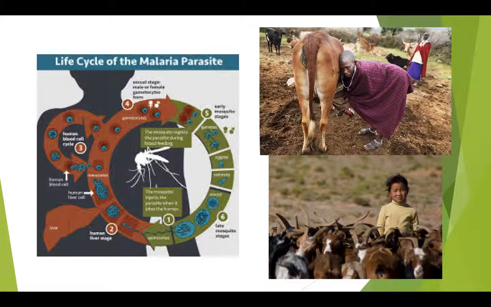And then here on the right, we've got a picture of a Maasai woman who is milking cattle, demonstrating the consumption of these raw dairy products. And then we have a young child with the sheep or the herds of goats in the Gobi Desert. In areas like the Gobi Desert, we don't have lactase persistence because those milk products are consumed in a fermented state.